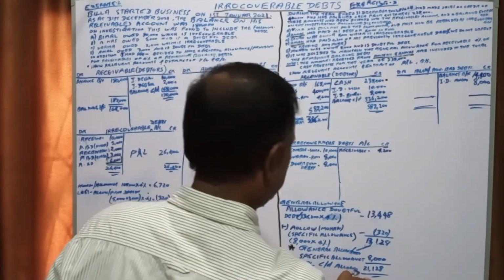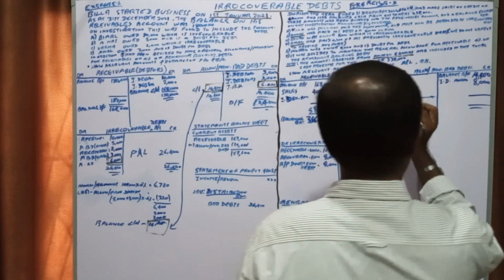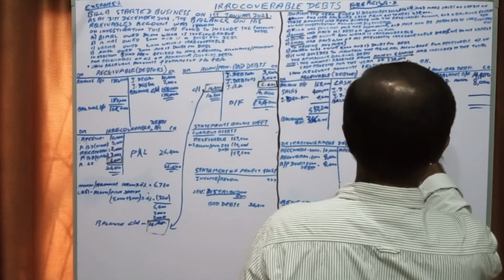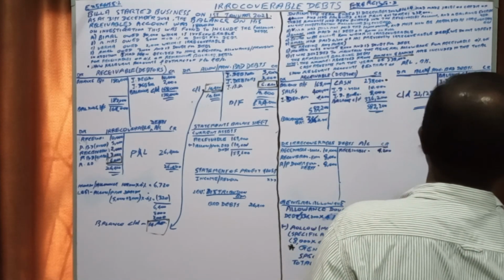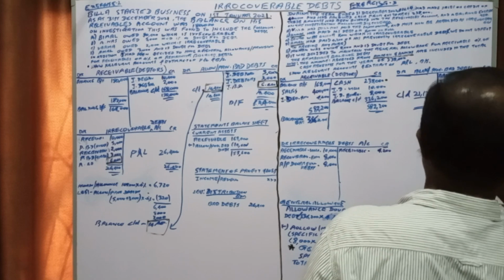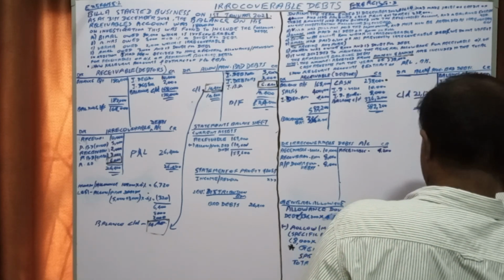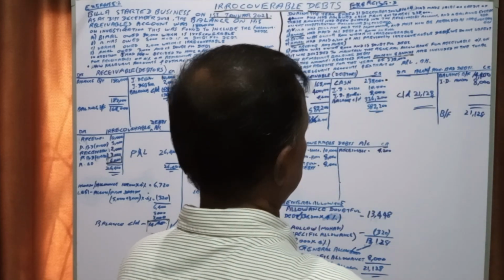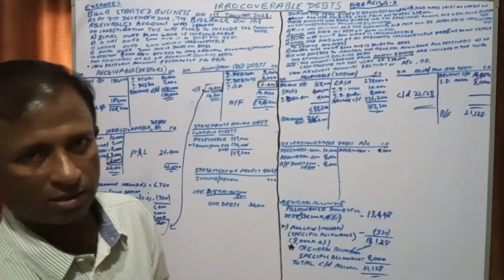We have said 21,128 should be the carried down balance, and brought forward balance is 21,128, whereas the total, credit side is the greater side.